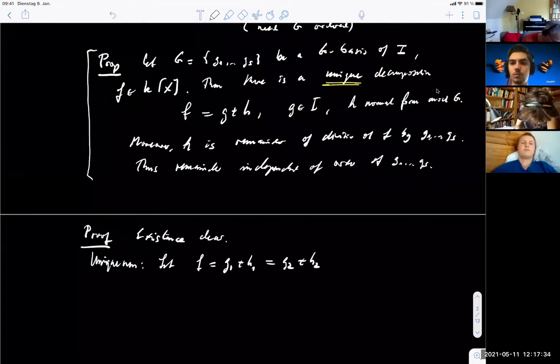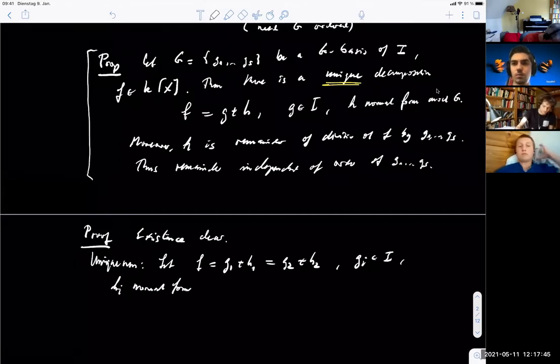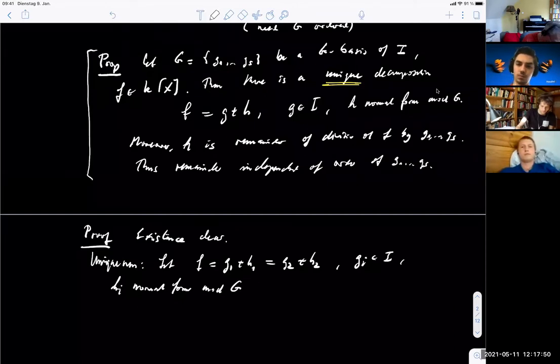My Gi are in the ideal, and the Hi are normal forms mod G. It's clear what I want to show. So first of all, we have to remember, what does it mean, normal form? It means I cannot further reduce. But concretely, this means the following.